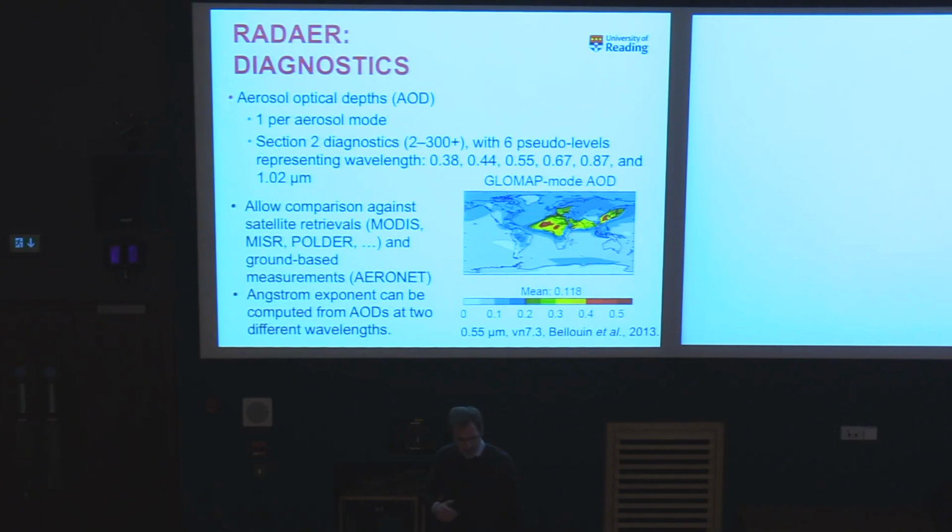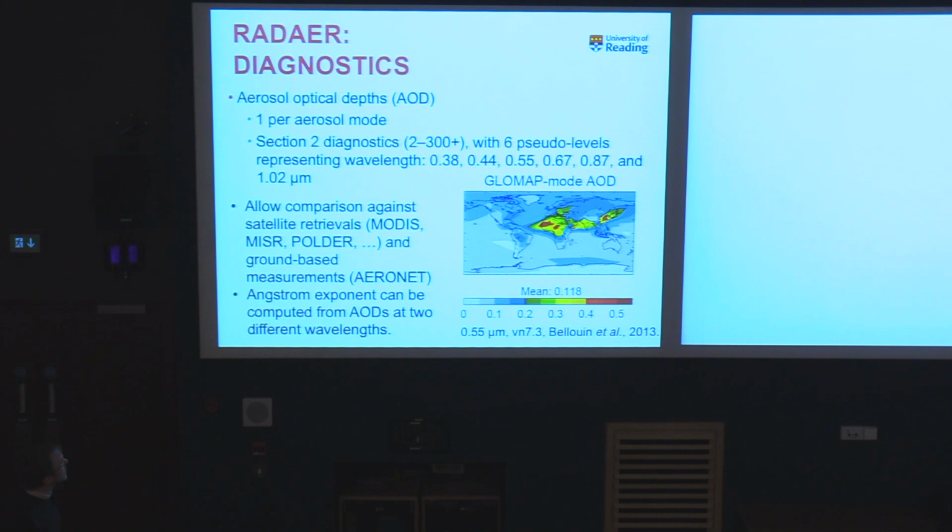Aerosol optical depth is essentially a measure of integrated extinction over the column. It's an indirect proxy for the amount of aerosol weighted by the efficiency at interacting with radiation at that given wavelength. RADAER gives an aerosol optical depth for each of the GLOMAP modes, so you get at the moment 4 aerosol optical depths.